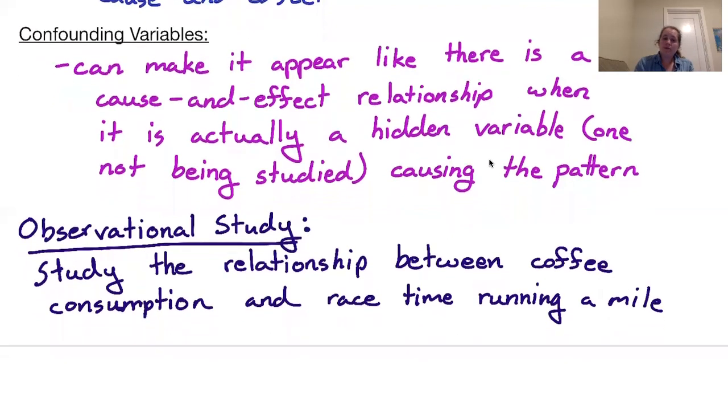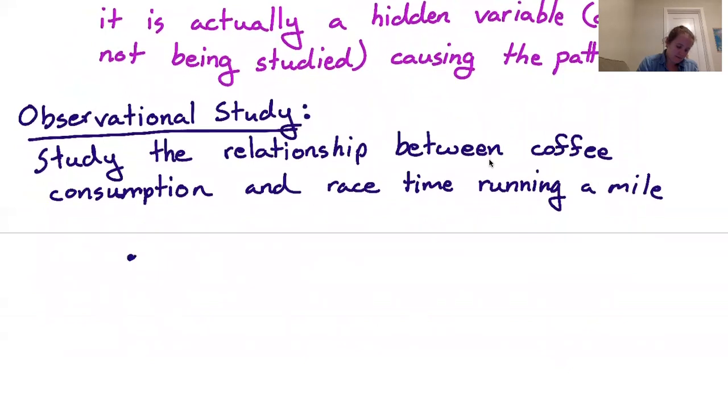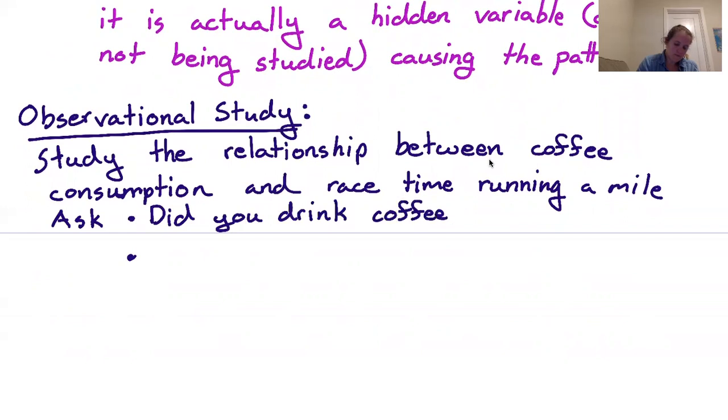What we could do is we could simply ask, did you drink coffee this morning? And then we could time them running a mile.